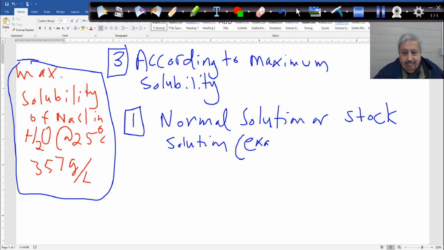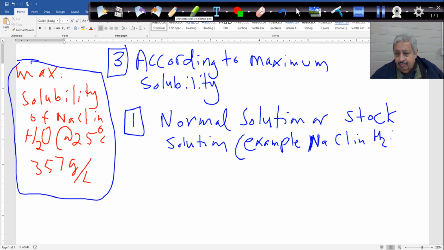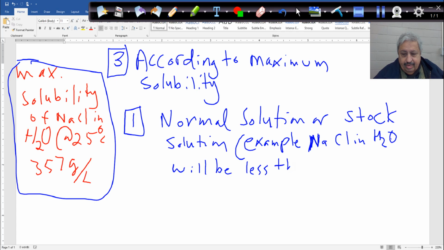Example: sodium chloride in H2O will be less than 357 gram per liter.